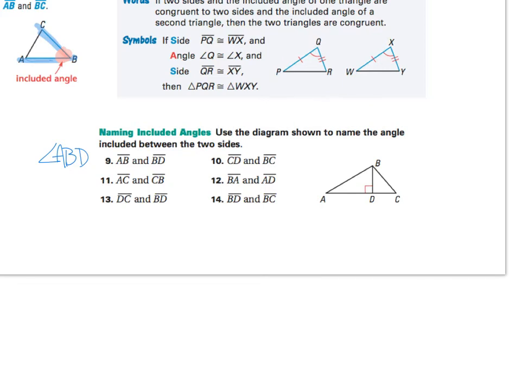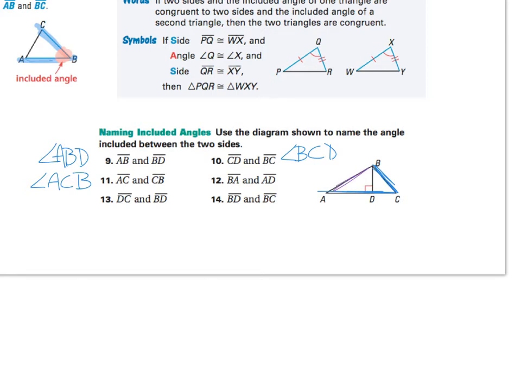In number 10, we have CD and BC. So it's going to be angle BCD. In number 11, you have AC and CB. So that's ACB. It's actually the same angle as the one before. BA, I'm going to start changing colors here.